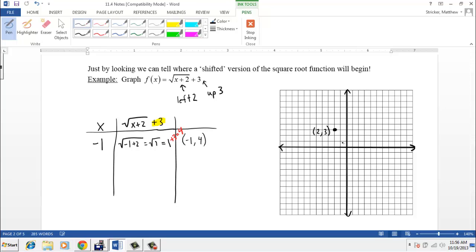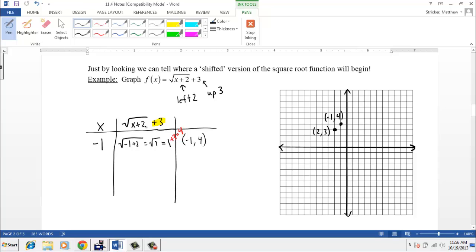And so that's another point on this graph, and you could continue to plug in x's that will allow us to take the square root. For example, if I chose x equals 0, that would give us 0 plus 2. That's not going to work. Or if I chose x equals 1, that's 1 plus 2.